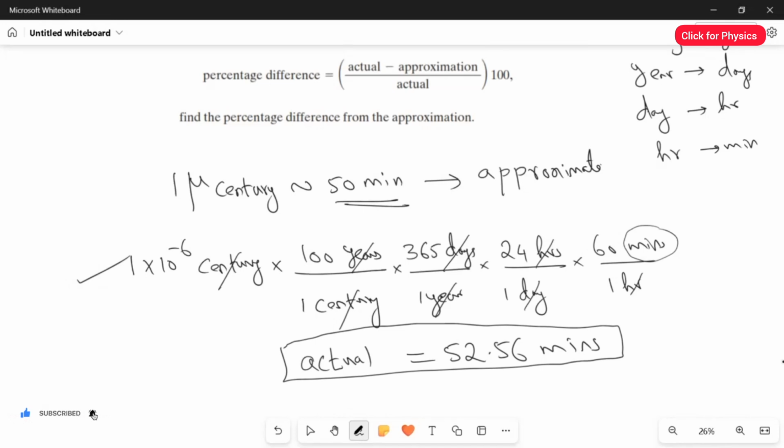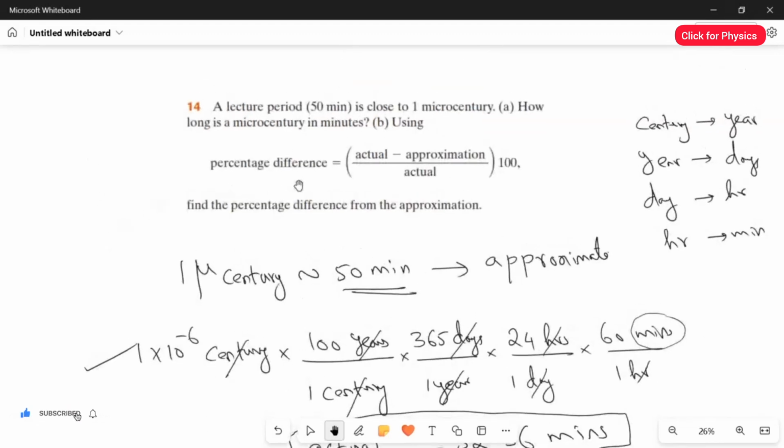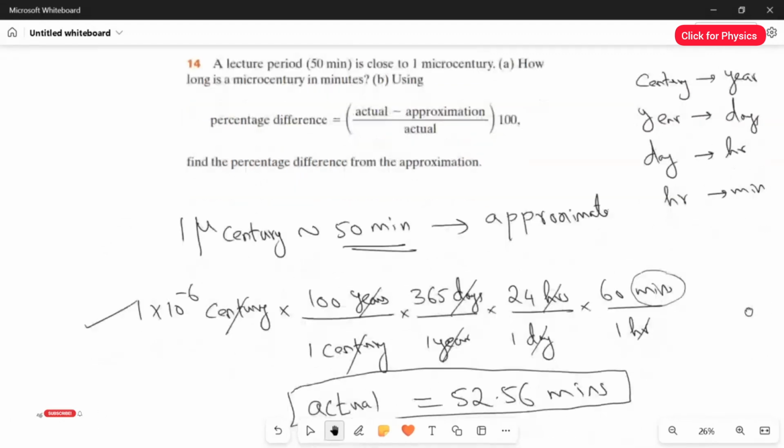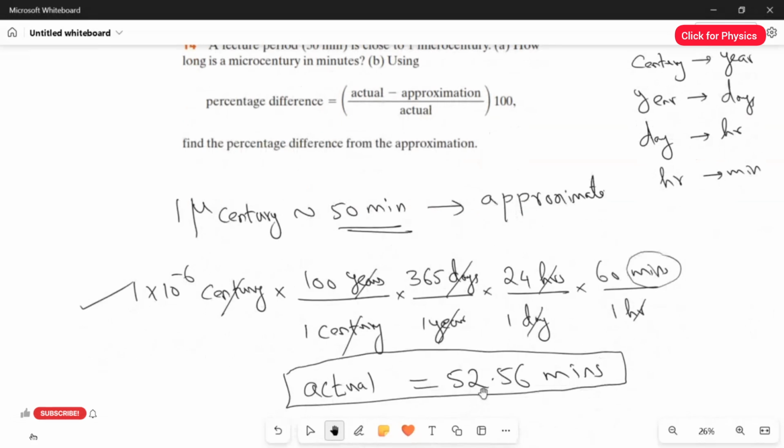But in the question they said 1 microcentury is closer to 50 minutes. That means the two answers are very close to each other.